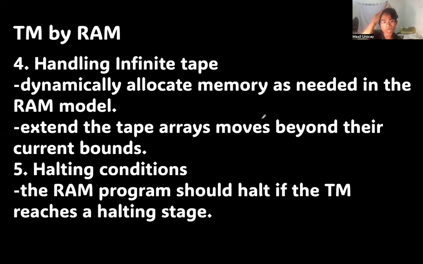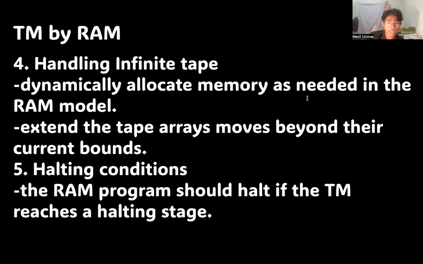For step 4, we are also handling the infinite tape. We dynamically allocate memory as needed in the RAM model, and we extend the tape arrays when the head moves beyond the current bounds.